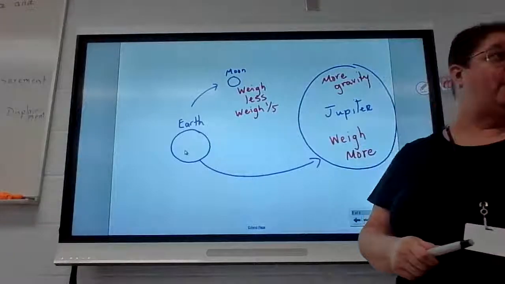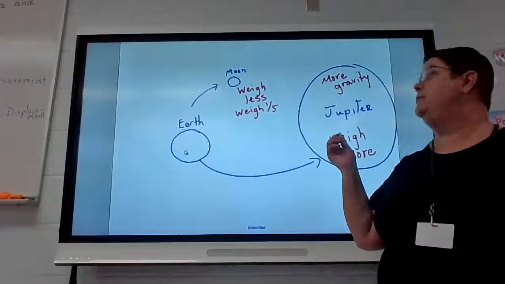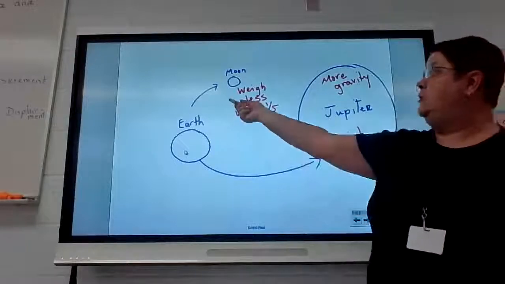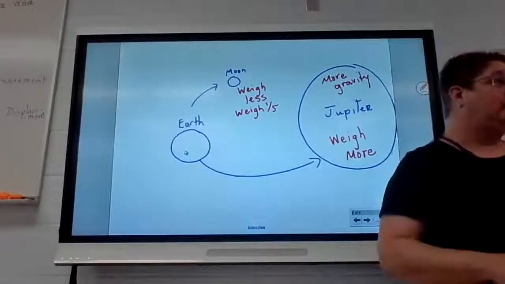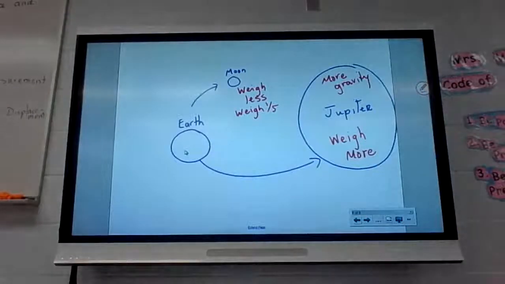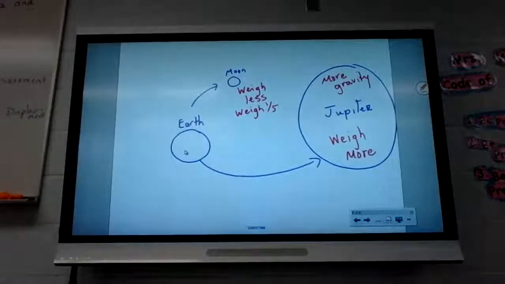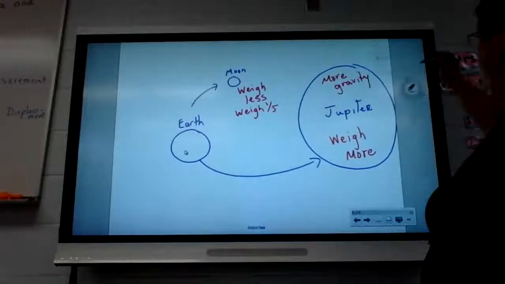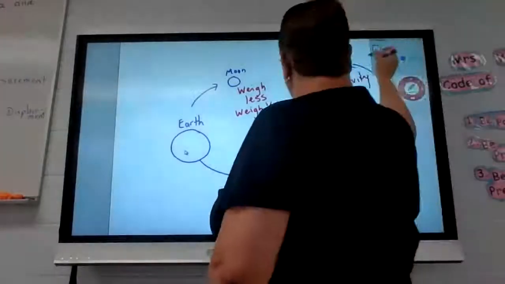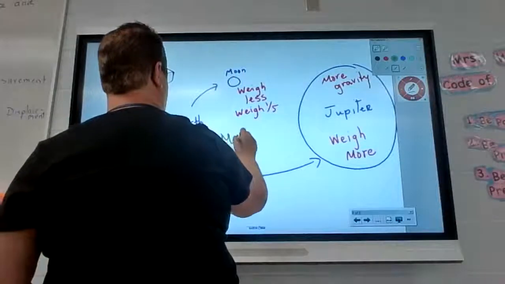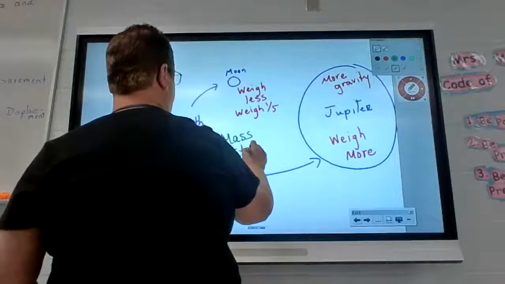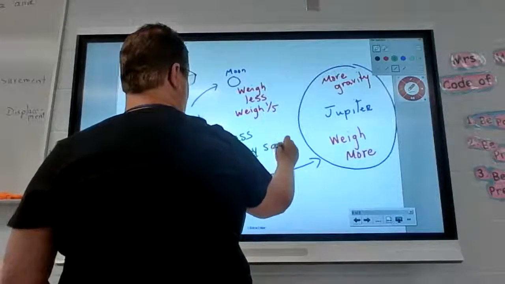Now, how does mass compare to weight? All right, I put Elena in the same space shuttle and send her to the moon and to Jupiter. How does her mass change? Does it? No. Okay. Mass stays the same.